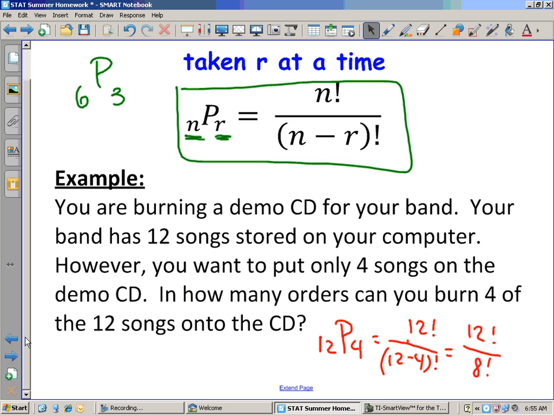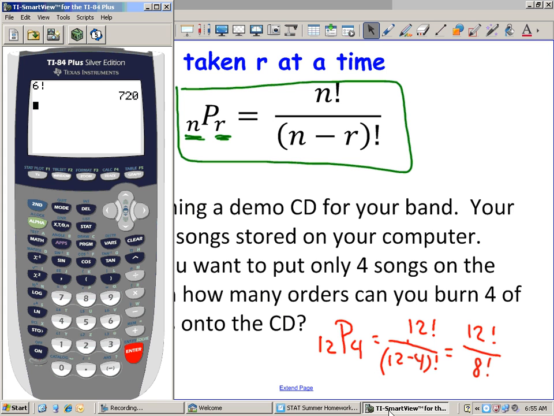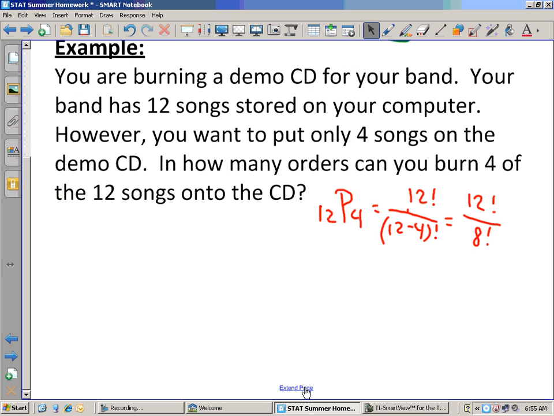Now, instead of multiplying 12 times 11 times 10, I'm just going to use my calculator and do 12 factorial divided by 8 factorial. And I get 11,880. Okay?